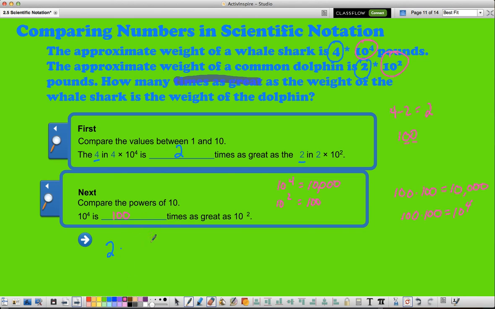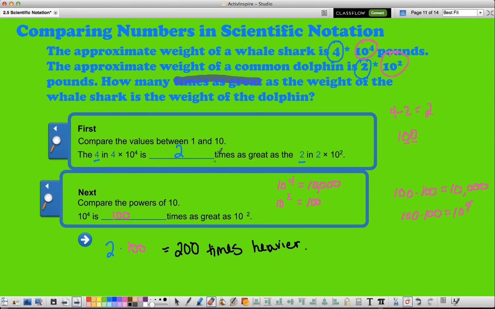And then we multiply that by how much bigger our exponent is. You take those two and multiply them together, and you find that the whale shark is about 200 times bigger than the dolphin, and maybe we'll say heavier.